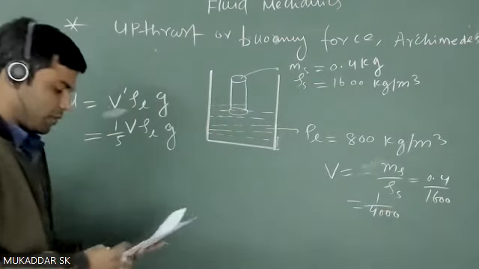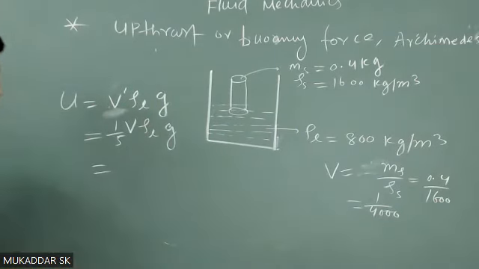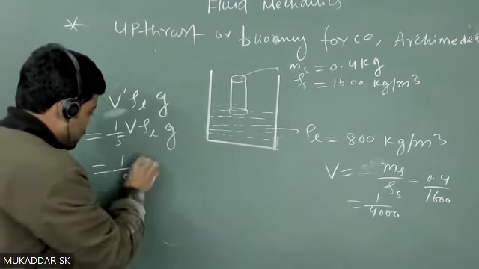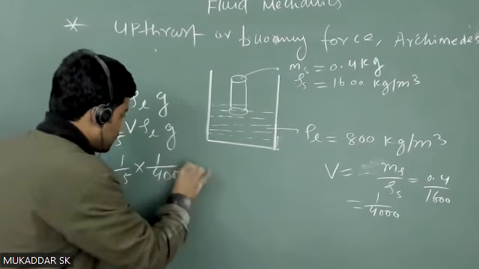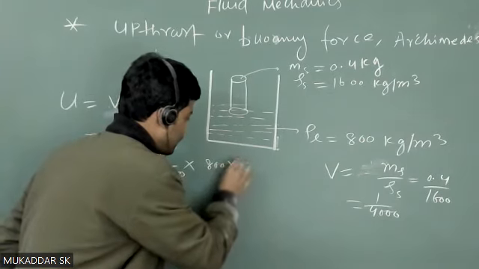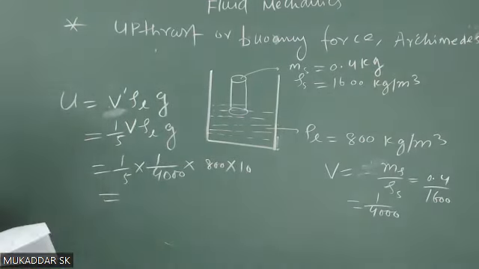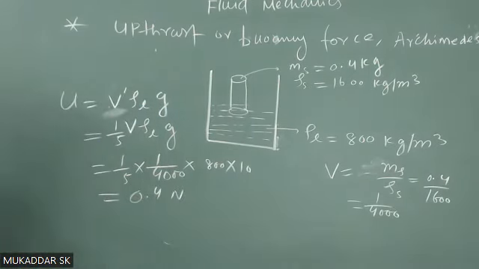This is the total volume of your cylinder. So upthrust force will be 1 by 5 into 1 by 4000 into density of liquid, that is 800, and gravity 10. If you calculate this, you'll get 0.4 Newton.